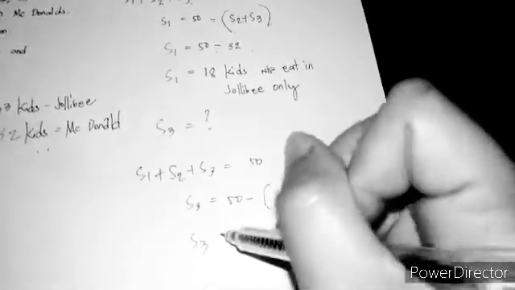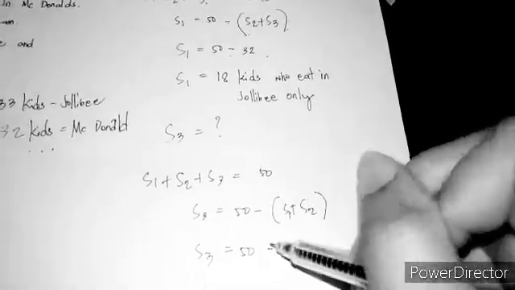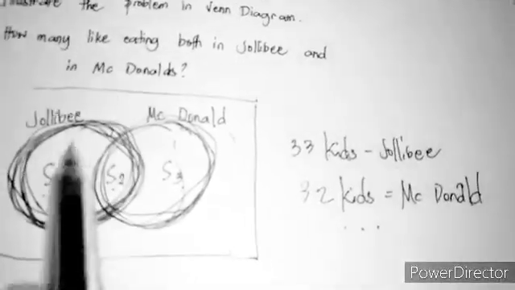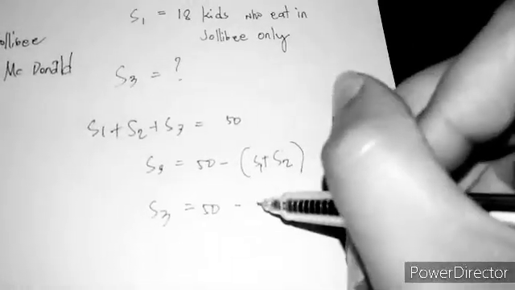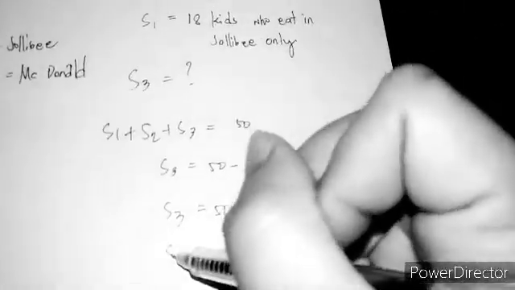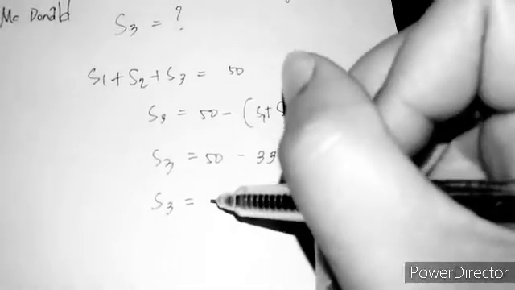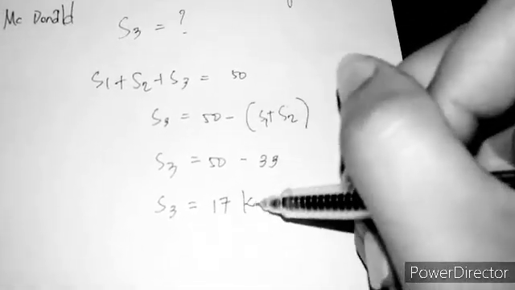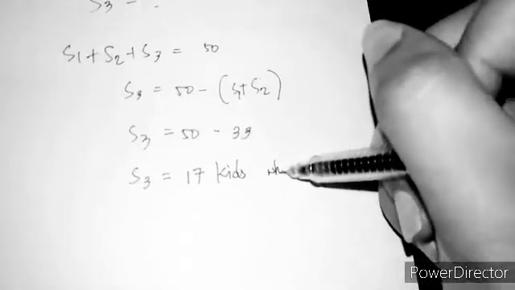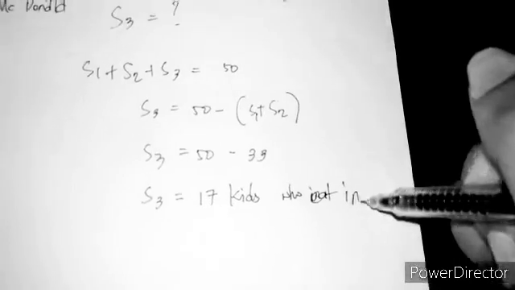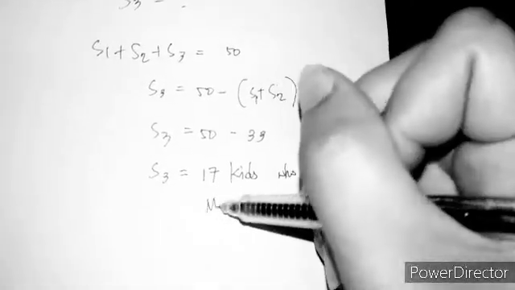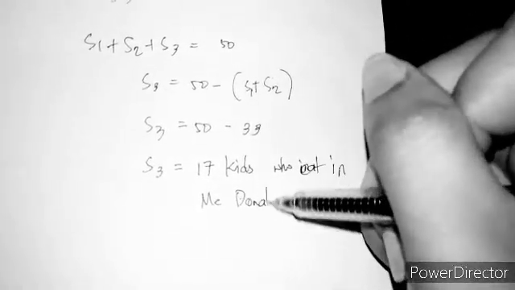So S3 is equal to 50 minus S1 plus S2, which when added is 33. So 50 minus 33, and our S3 is equal to 17. So we have 17 kids who eat in McDonald's only.